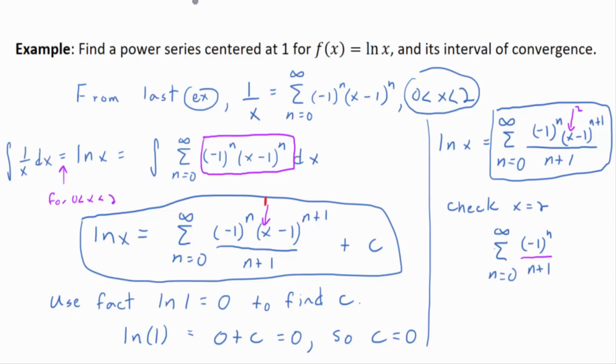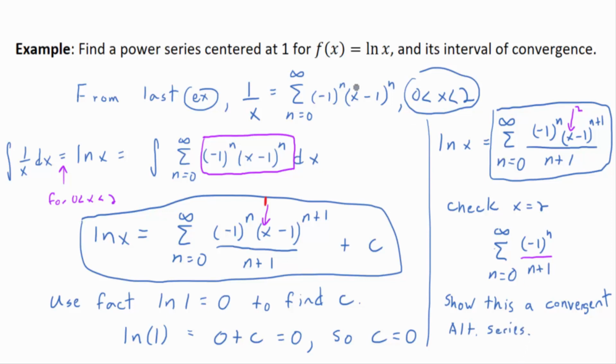What kind of series is that? Alternating, yeah. And you probably suspect it's going to converge, yeah. I'll leave that proof to you, but student, you should show this is a convergent alternating series.